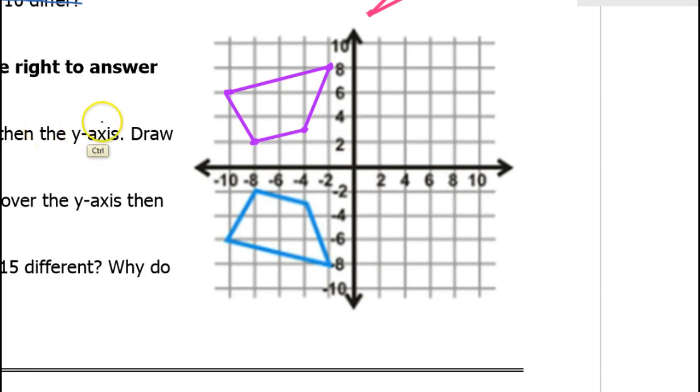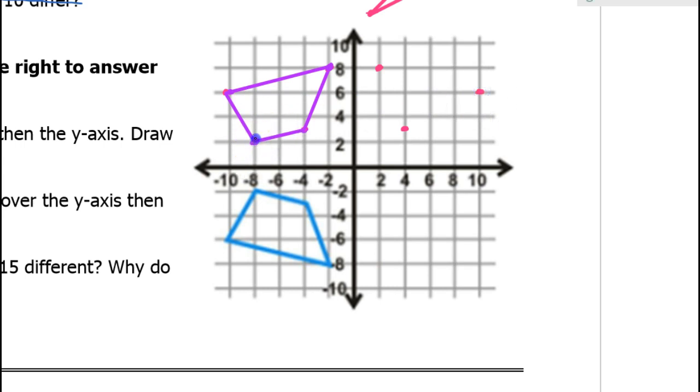Now we're supposed to reflect over the y-axis. So again, let's just take it one point at a time. This point is 1 square to the left, so I will reflect and go 1 square to the right. This point is 2 squares to the left, so I will go 2 squares to the right. This point is 5 squares to the left, so I will go 5 squares to the right.